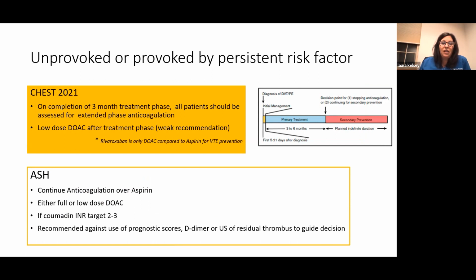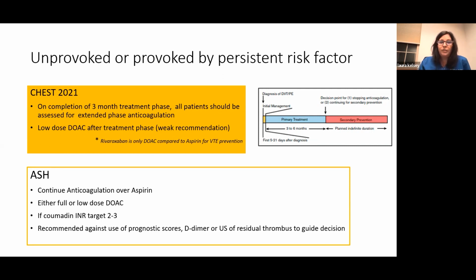The American Society of Hematology says no, continue anticoagulation over aspirin. So if they need to be anticoagulated, aspirin's not strong enough. Either low dose or full dose, they waver on that. But they did have a statement that says you don't need to use those prognostic scores or D-dimers or ultrasounds for residual disease to determine what to do.